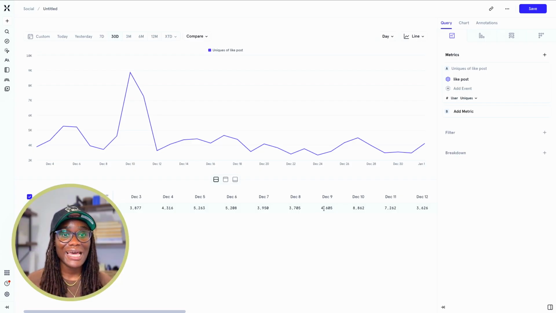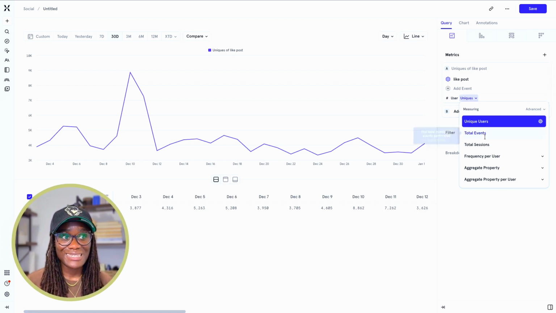Now, if a user likes a post more than once in a day, it only counts as one because that is unique to the user. That's the first way to measure. The second way you can measure an event in Mixpanel, you are able to access it by clicking the measure, and that is totals. Totals can be total events or total sessions.